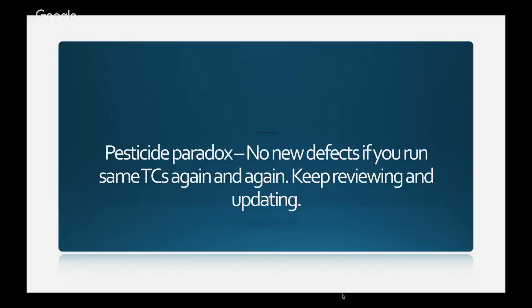So in order to avoid the pesticide paradox, you always have to keep reviewing and updating your test cases. Only then can you avoid any missing out or failures which are then passed on to production. So keep reviewing and updating your manual and automation test cases as a matter of best practice.